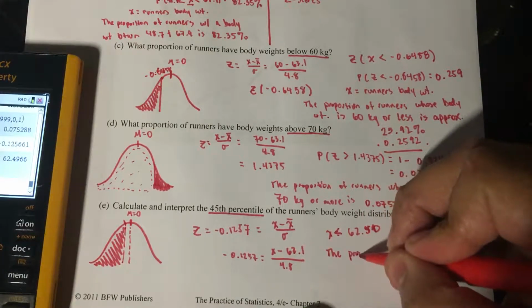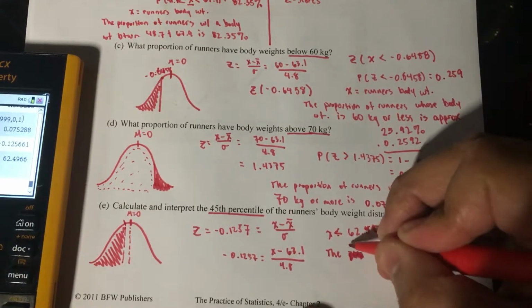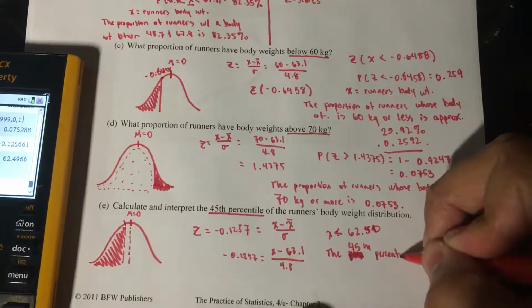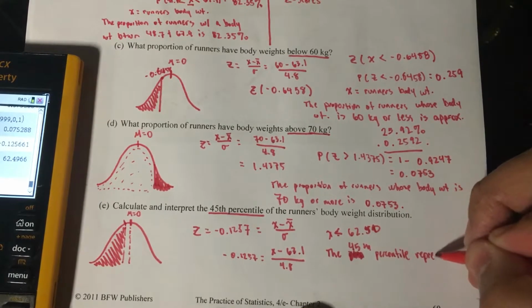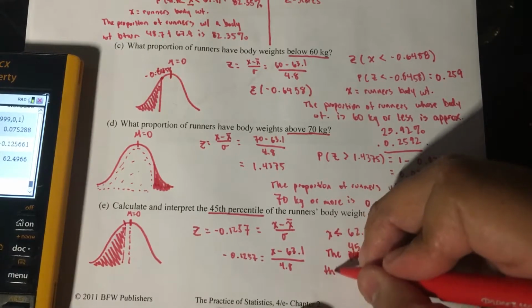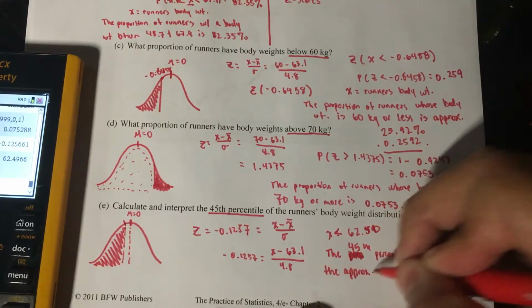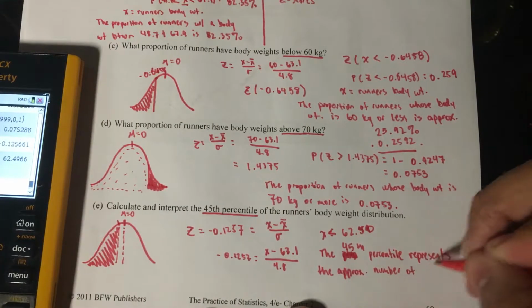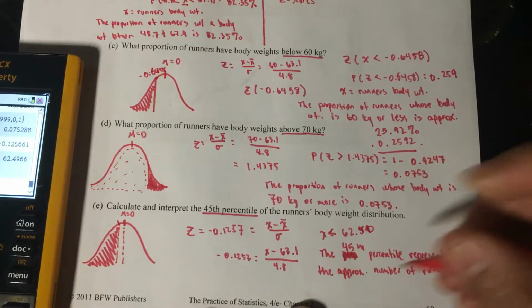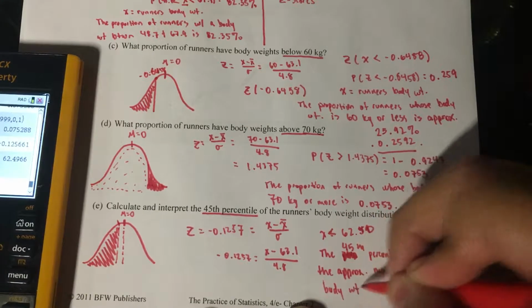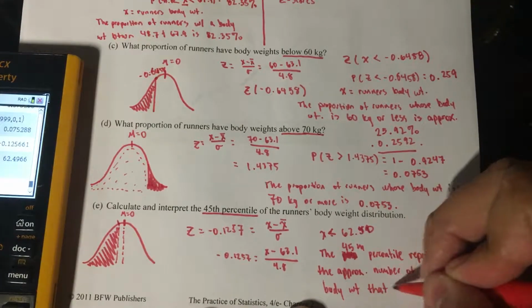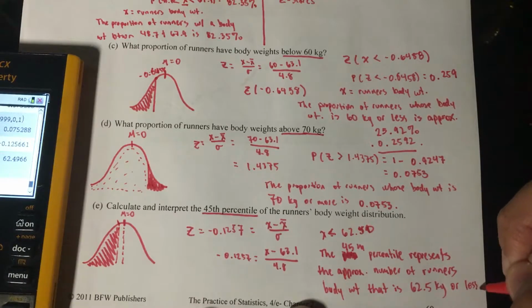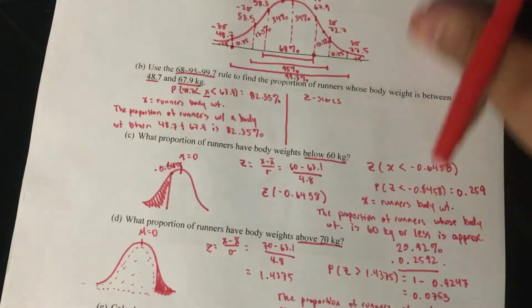So the 45th percentile represents the approximate number of runners' body weights that are 62.5 kilograms or less.